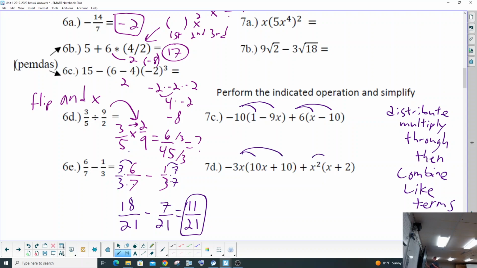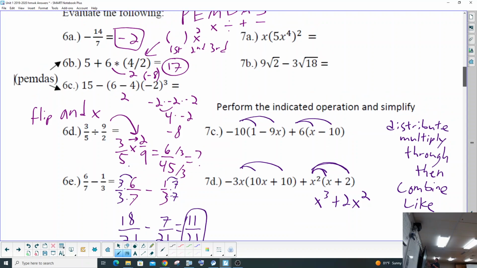Multiply through, combine like terms. Don't forget that x squared times x is actually x to the third power, because you add the powers. And then x squared times 2 is 2x squared. This is actually unit 2. We're going to be doing a lot of this with unit 2 coming up after this. Cool.